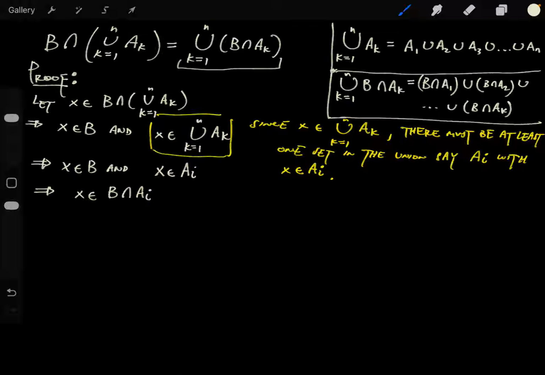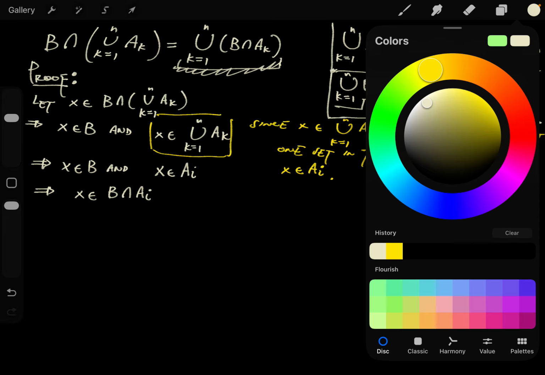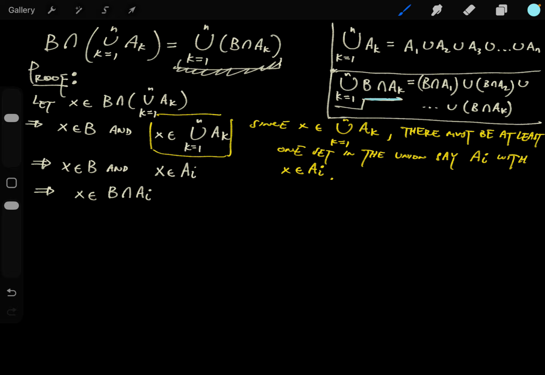But if x is in the intersection of these two, then that means that x is in the union of all of them, right? Because this is some A sub i in this here. If we're looking over here, we see that B intersect A sub i will be one of these, and x will be in here.